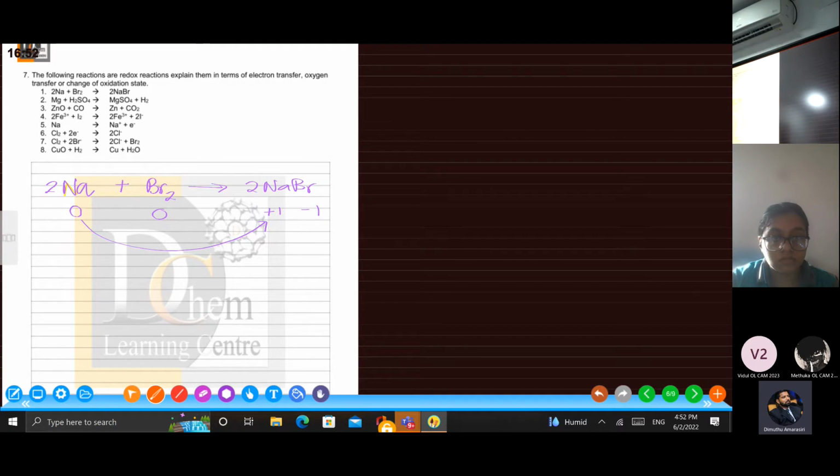Look at the oxidation number and tell me, is it oxidation or reduction? Oxidation number is increased, therefore it's an oxidation. This part, sodium's part, is oxidation. What about bromine? Reduction. If one is oxidation, what is the other? Reduction. There can't be two oxidations alone; you must have another reduction also. There can be two oxidations and one reduction, but there cannot be only two oxidations.